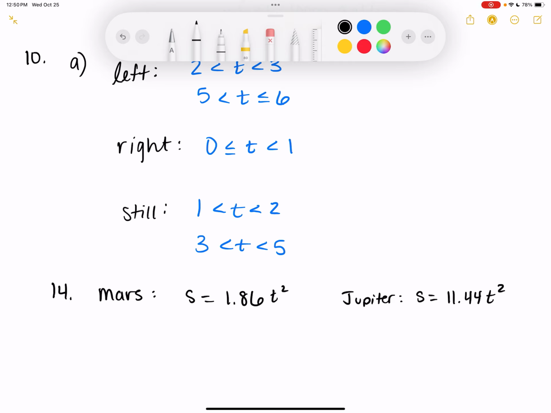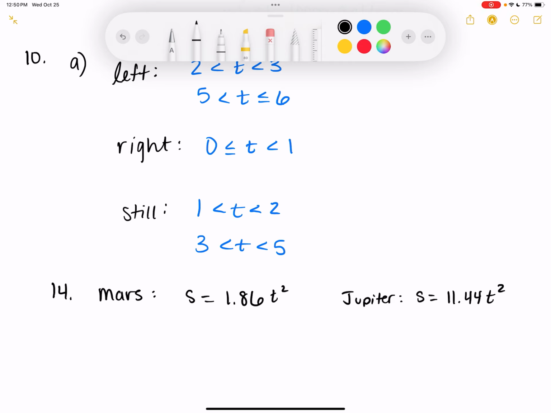If I'm given position, how do I get to velocity? And you're not plugging in numbers yet.